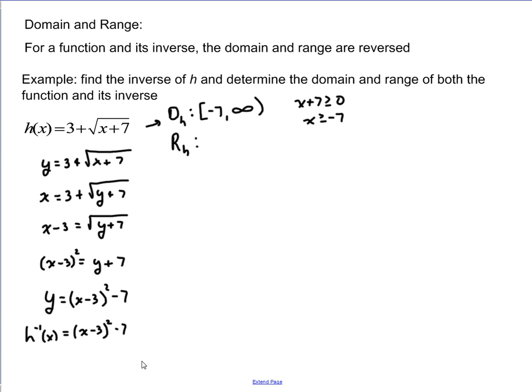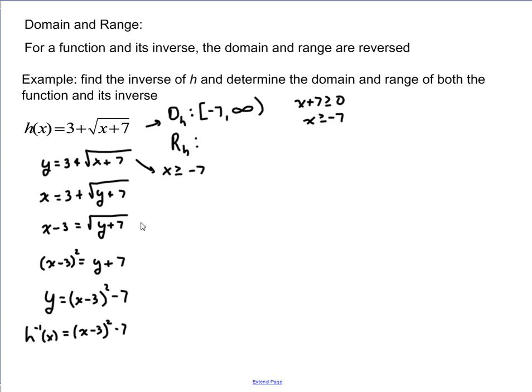What do we do? Well, in this case, let's step back. When we swapped x and y in our second step, what happened? Well, in our first expression, we know that we get x is greater than or equal to negative 7.